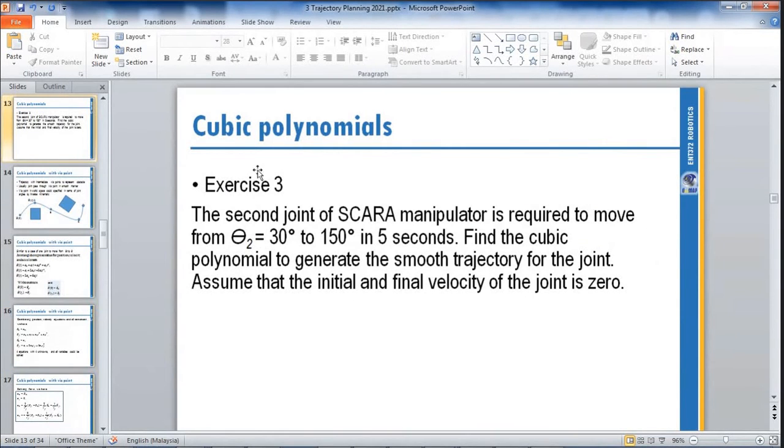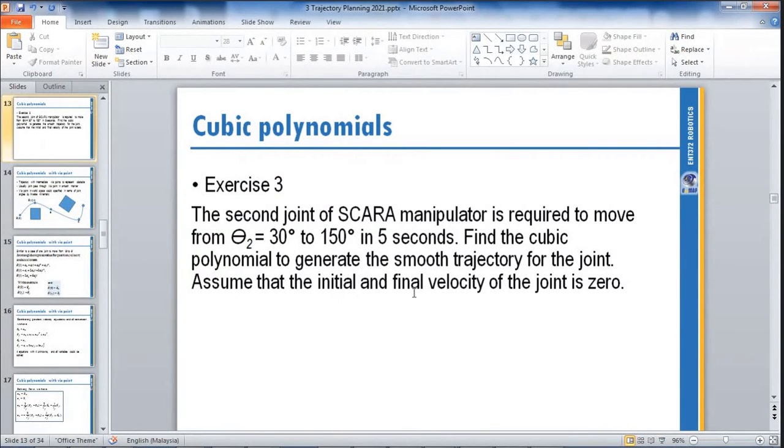This is example 3, exercise 3. They use the wording to move from theta 2, 30 degrees to 150 degrees in 5 seconds. Find the cubic polynomial that generates the smooth trajectory for the joint.